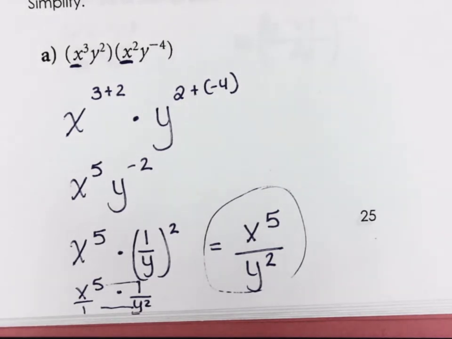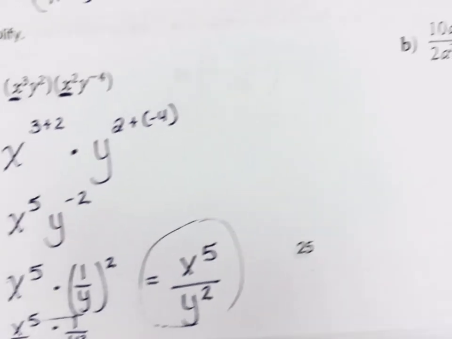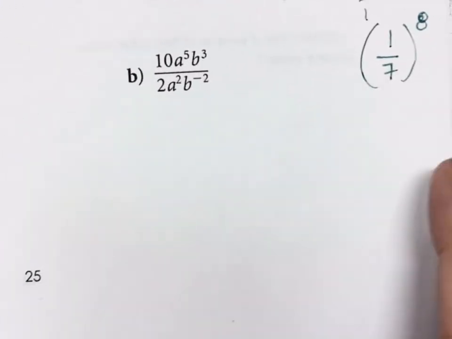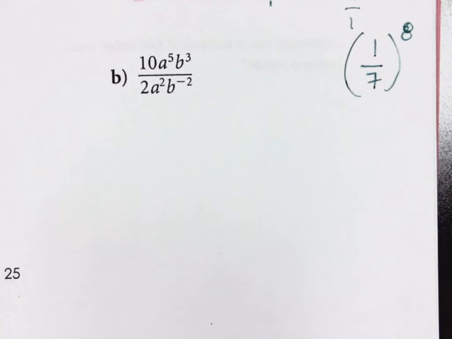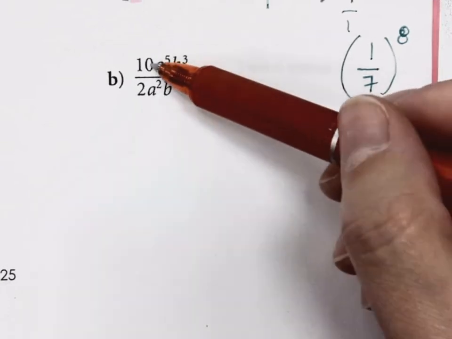Okay, you guys ready to do the next one? Yes? No? Go ahead. This is a division question. So what are you doing to all the exponents? Minus. You're subtracting them. But with the numbers, what are we going to do?